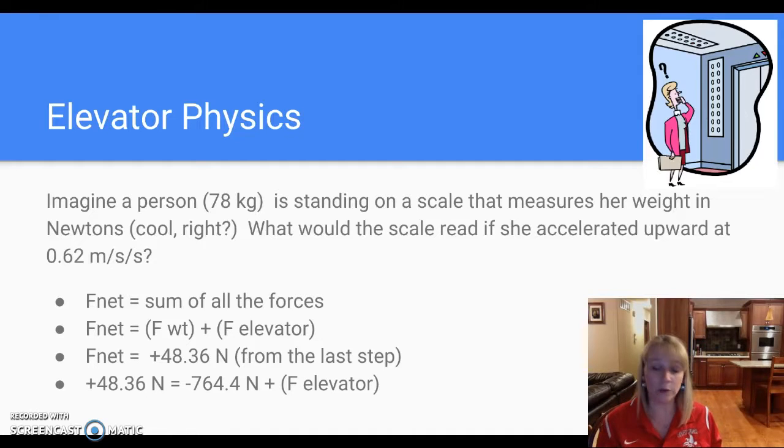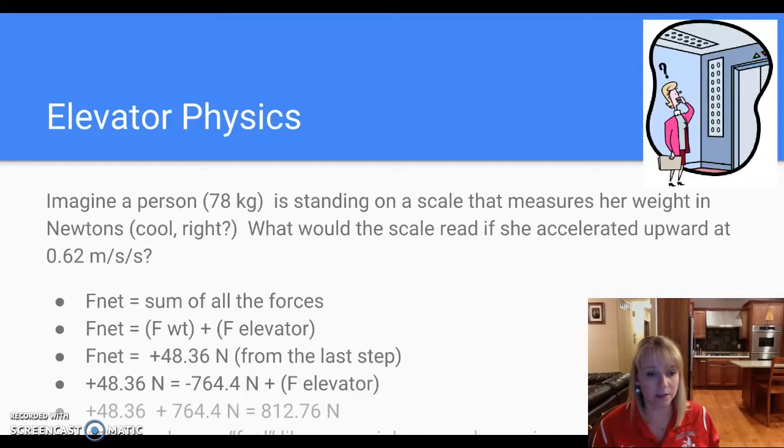I have 48.36 newtons equals negative 764.4 newtons plus whatever force the elevator is. Remember, if you have a negative, you're going to have to add that to get rid of it. So I have 48.36 plus 764.4 newtons, and that gives you a force of 812.76 newtons. So this scale would be pushing back up. It makes you feel like you weigh more when you're going up in an elevator. So upwards means that you have an increase in your weight.